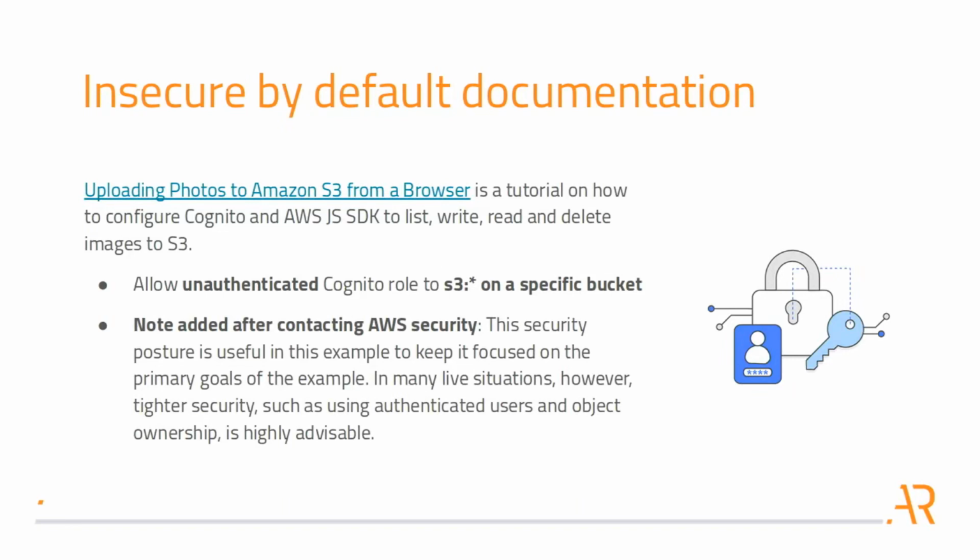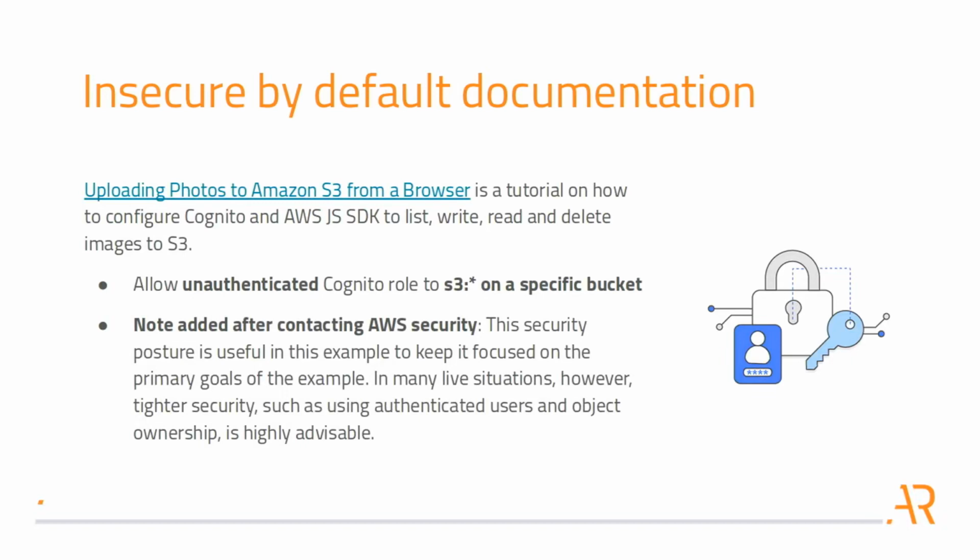My understanding of this is that the root cause for this issue is twofold. We have insecure by default documentation, and we have some issues in the UI. Let's start with the insecure by default documentation. At least before I reported it, there was an example in the official AWS documentation, which is the source for every developer to use for writing a new application that uses AWS Cognito.